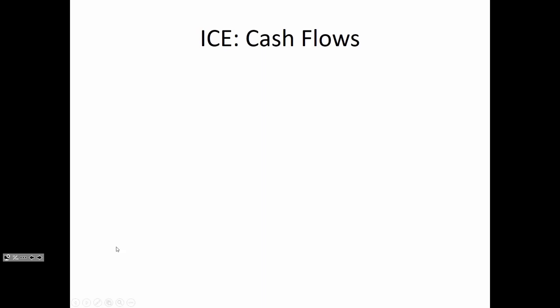And then there's also some problems on the back side as well where I ask you to draw cash flow diagrams. So I'm going to be circulating around with the solution as you're working on this. I can answer any questions you've got, and of course I encourage you to work with partners or in groups on these in-class exercises. It definitely does not need to be quiet in here as we work through these.